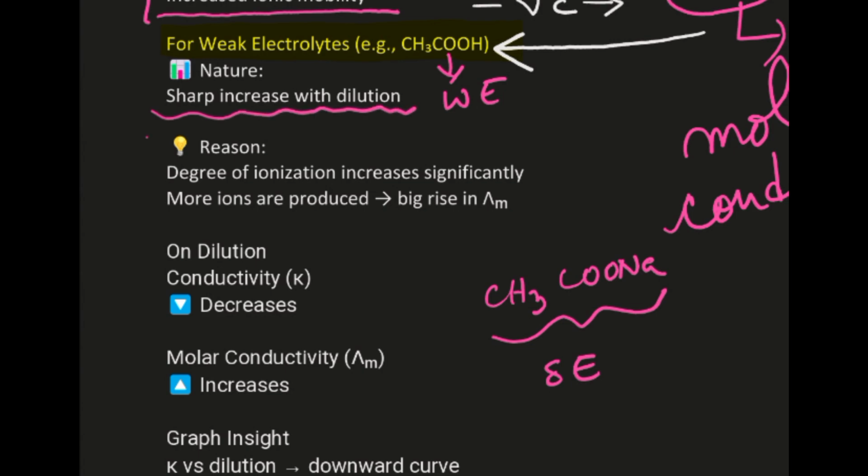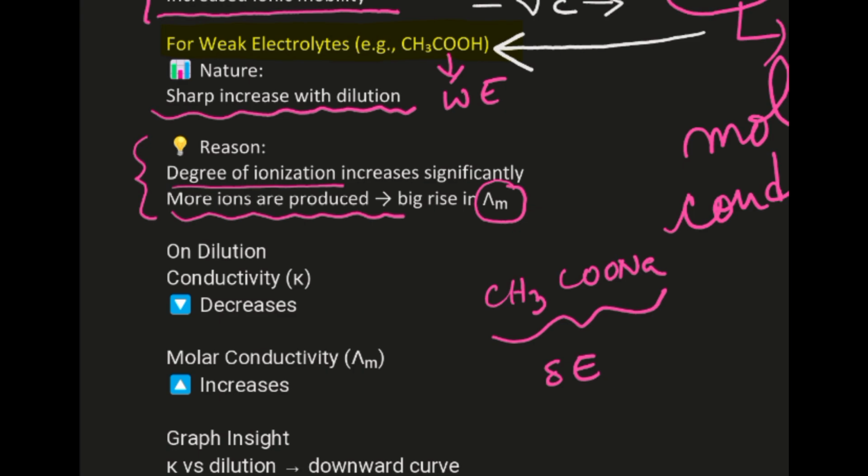Because degree of ionization increases significantly and more ions are produced, which gives rise to a huge value of lambda m. But keep in mind that on dilution, the conductivity decreases and molar conductivity lambda m increases.